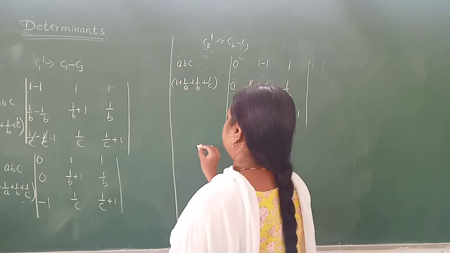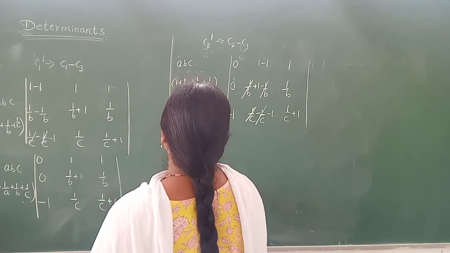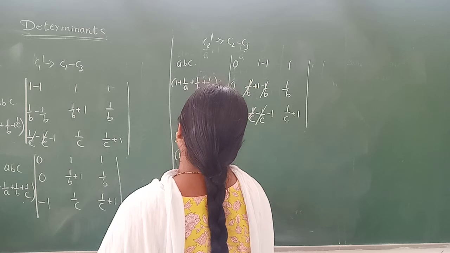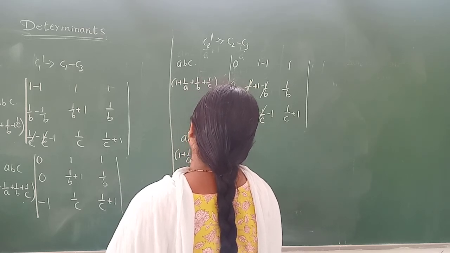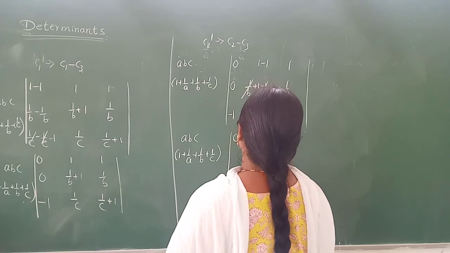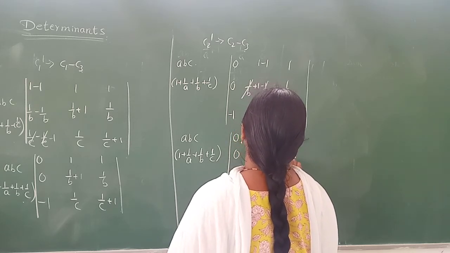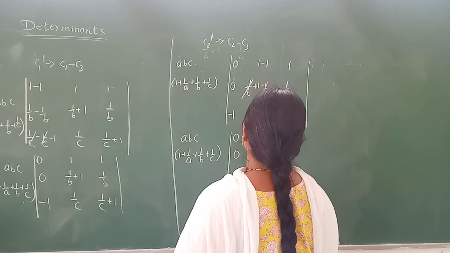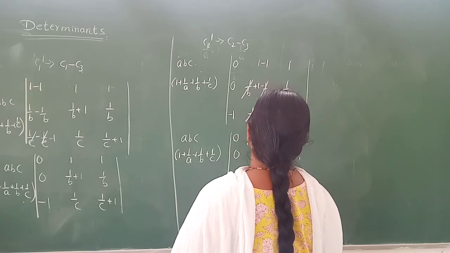You get A, B, C, 1 plus 1 by A, 1 by B, 1 by C; 0, 0, 1; 0, 1, 1 by B; minus 1, minus 1, 1 by C plus 1.